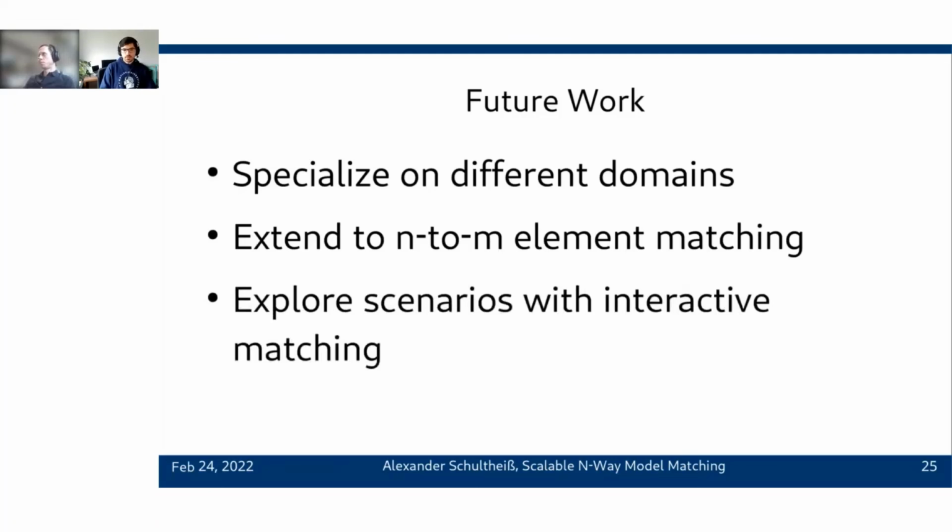And lastly, we want to explore scenarios with interactive matching, meaning that instead of yielding a definite result of matches, Raccoon just yields a set of match proposals, which can then be accepted or rejected by a developer or by another program which calls Raccoon. And based on acceptance or rejection, new model matches and new element matches are proposed.